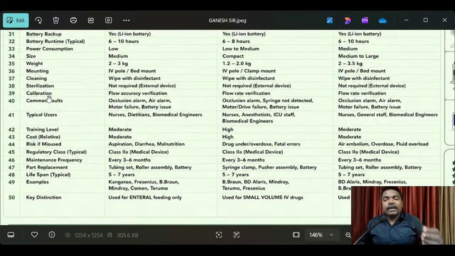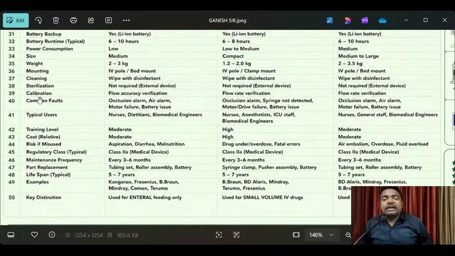To do the calibration, we have a separate key, and different companies' manufacturers, we have to use, and we have to do the calibrations. By doing calibrations we can resolve many multiple issues of the medical equipment. That's why you should know the basic things and be perfect.